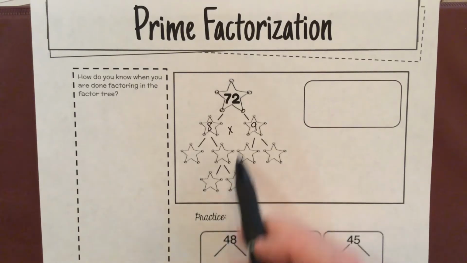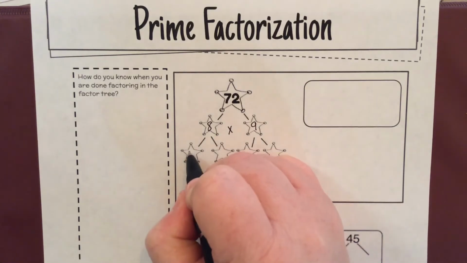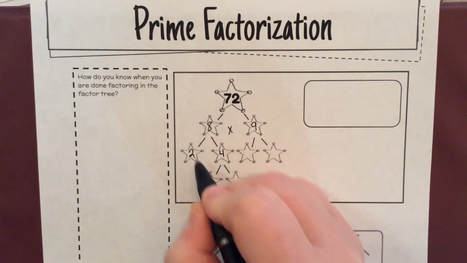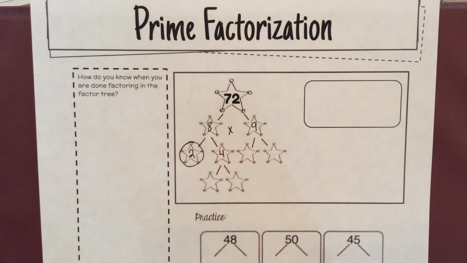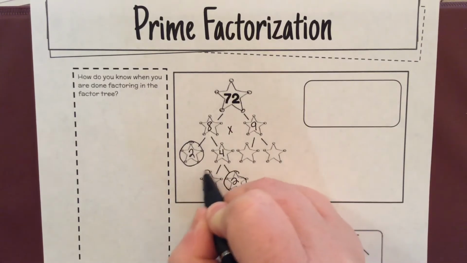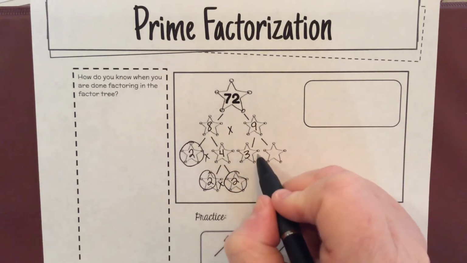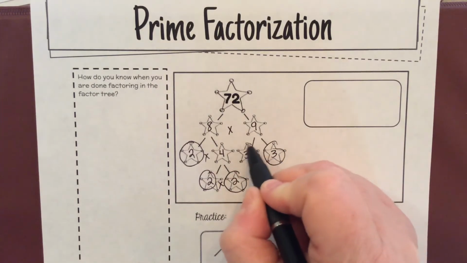You could choose other things, but these are what I chose, okay? Now, 8 is made up of 2 times 4. 2 is prime, so I circle it because the only thing that goes into 2 is 1 times 2, okay? 4 is made up of 2 times 2. They're both prime. I'll put my multiplication symbols there.